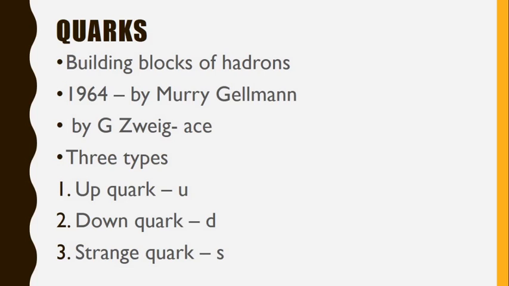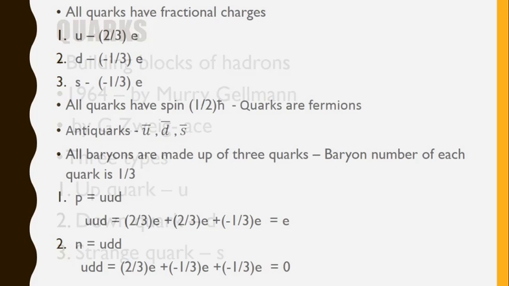So a strange particle is made with at least one strange quark. We will discuss it later. So the basic building blocks of hadrons are quarks, and the 3 types are the up quark, down quark and strange quark. Now let's study these quarks in detail.